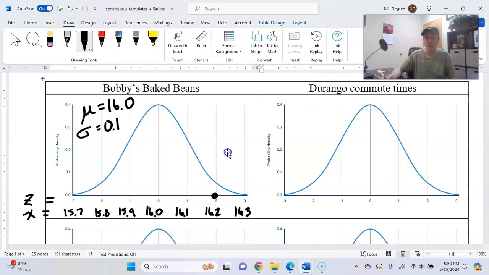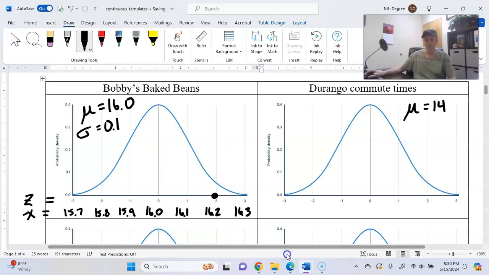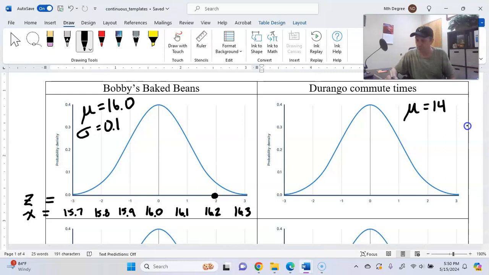Okay, let's go over to the Durango commute times. These have a mean of 14 minutes, if I remember correctly. And a standard deviation of 2 minutes.